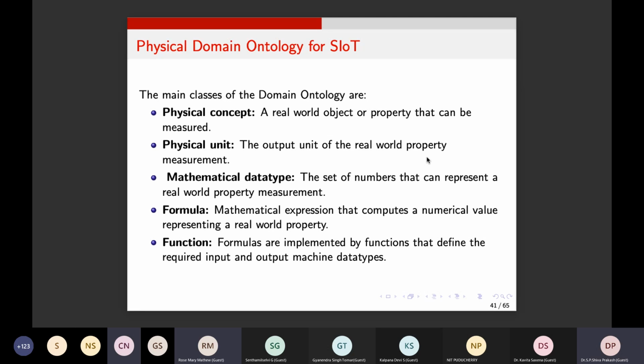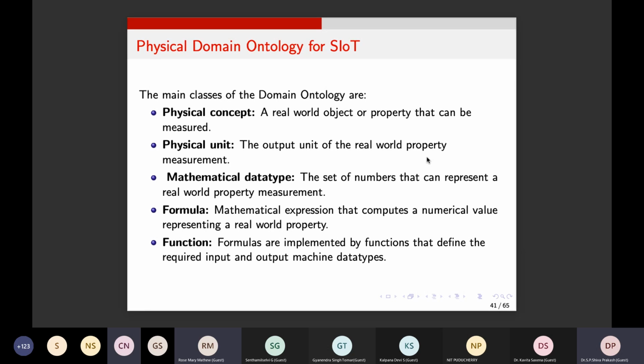The mathematical data type involves a set of numbers that can represent a real world property measurement, and the formulas are mathematical expressions that compute a numerical value representing the real world property, and the functions implement the formulas by defining the required input and output machine data types, right?